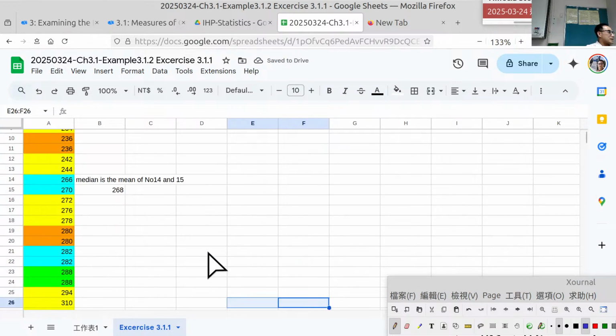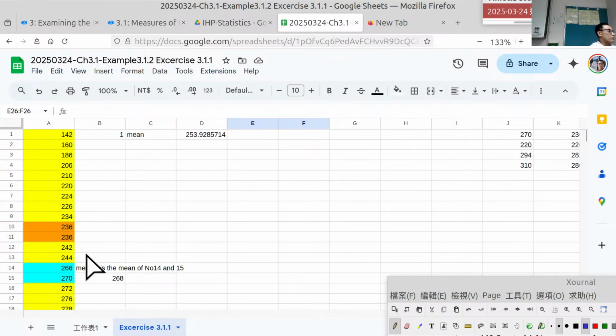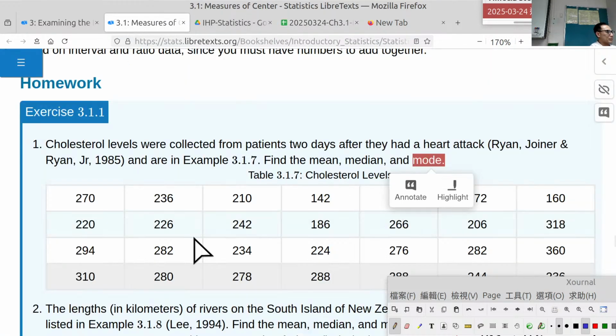Okay, so we can see the mode: 288, 282, 280, and 260. Sorry, 236. There are 1, 2, 3, 4 sets of mode. Okay, we got it.